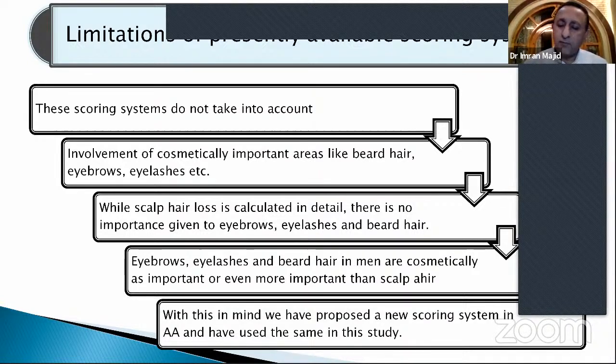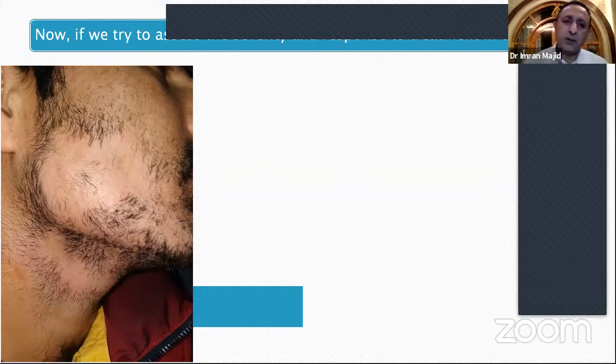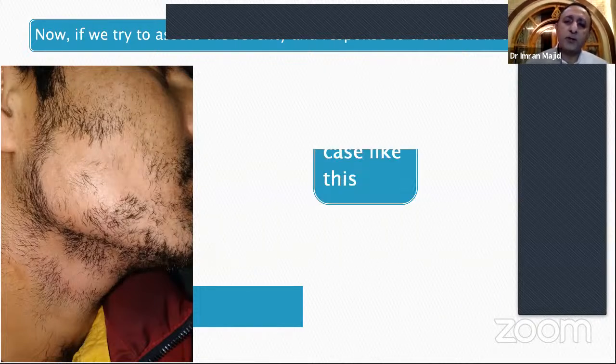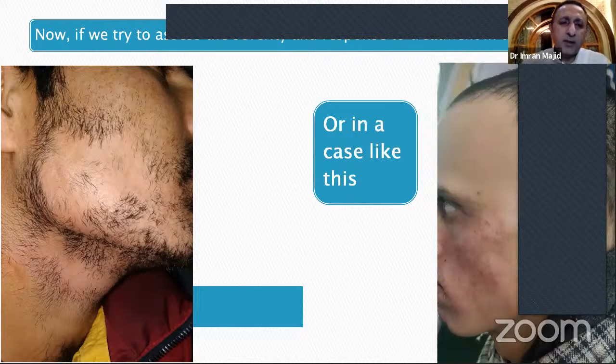With this in mind, we have proposed a new scoring system in alopecia areata, and this score is known as AASI score. How do I explain that score? Look at this picture on the left side of the screen. These two cases have involvement of beard hair, but the scalp is not involved.